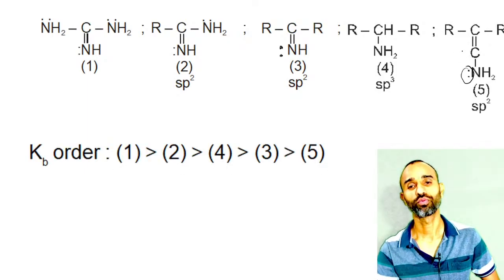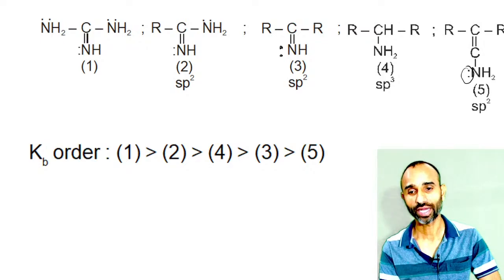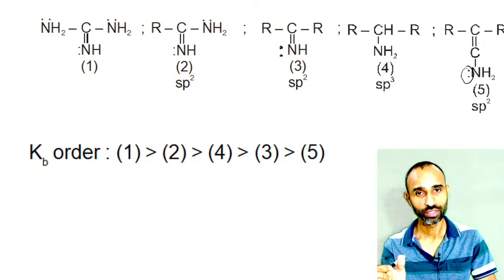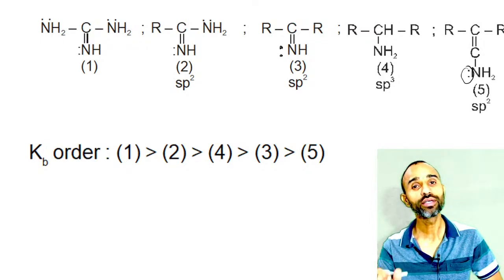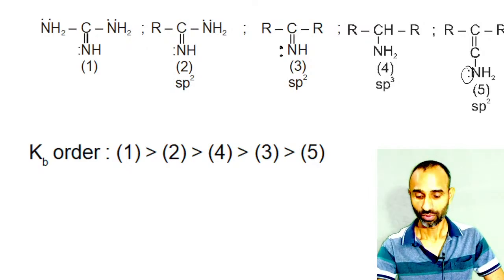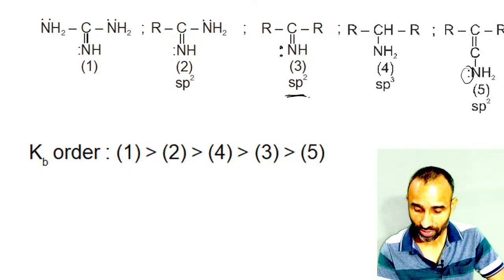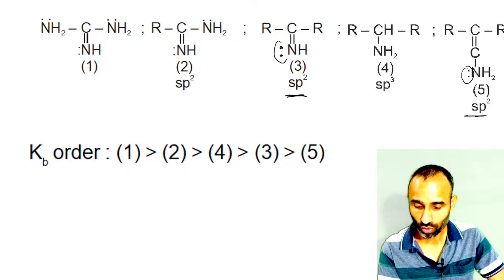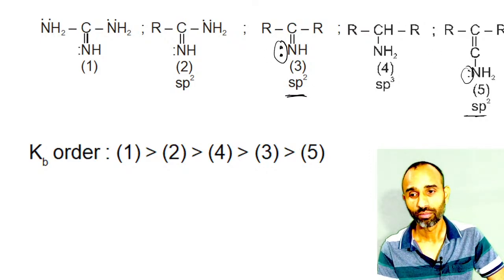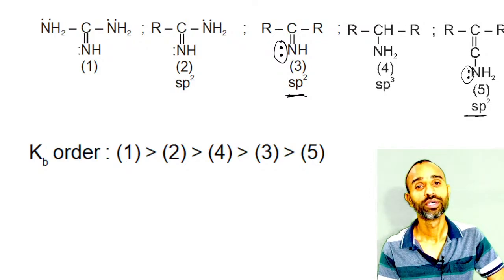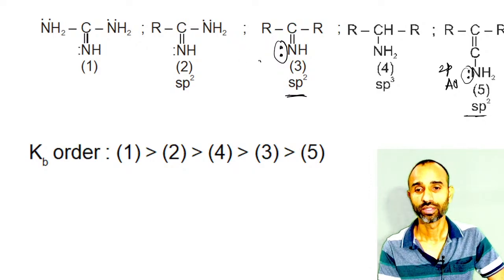So it is first, then second, then it is fourth, third, and then fifth. Because here both are sp2 hybridized, but here the lone pair is intact. The lone pair is not involved in resonance, but here the lone pair is involved in resonance. It is in a 2p atomic orbital, it is in an sp2 hybrid orbital, this lone pair.